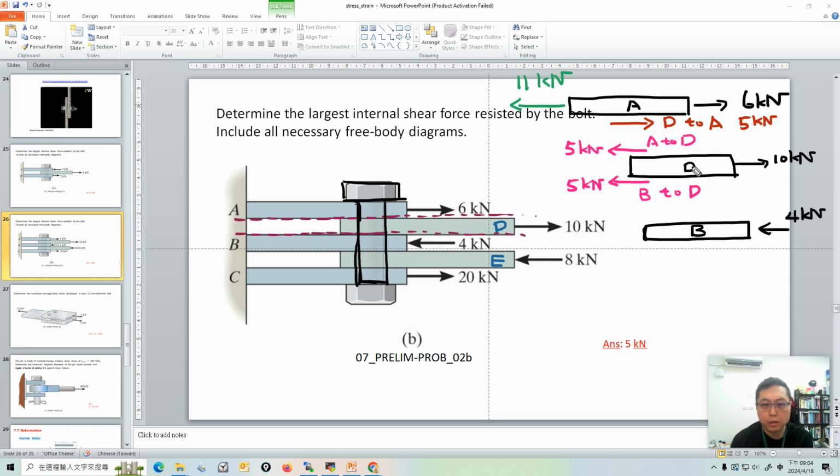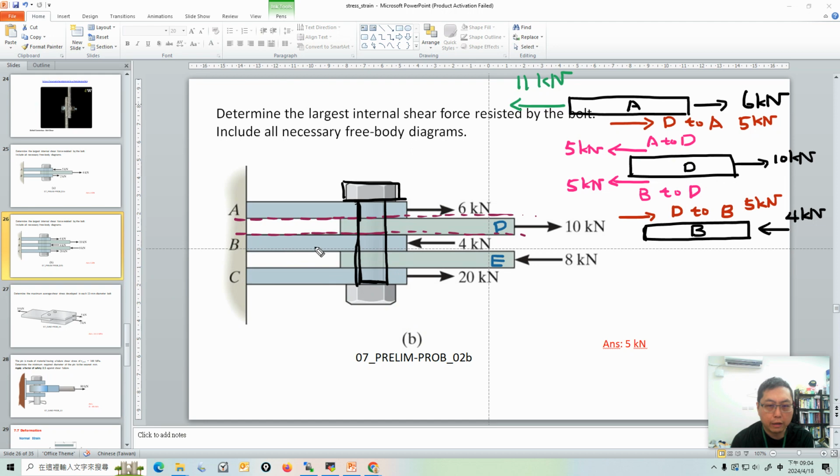From D, we know B exerts a force on D. It's the same action-reaction pair, so there must be a force from D to B. So here is D on B, equal and opposite, so it's 5 kilonewton.